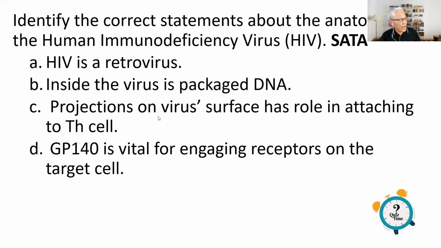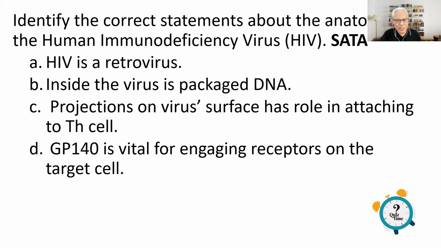Okay, so the correct answers are letter A and letter C. Why is option B incorrect? It should say inside the virus is packaged RNA, not DNA. Remember, it doesn't have any DNA, and that is why it relies on the Th cell to manufacture more HIV.